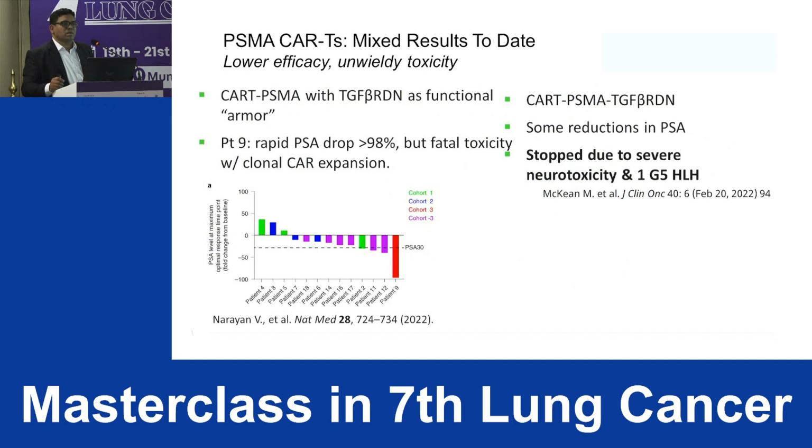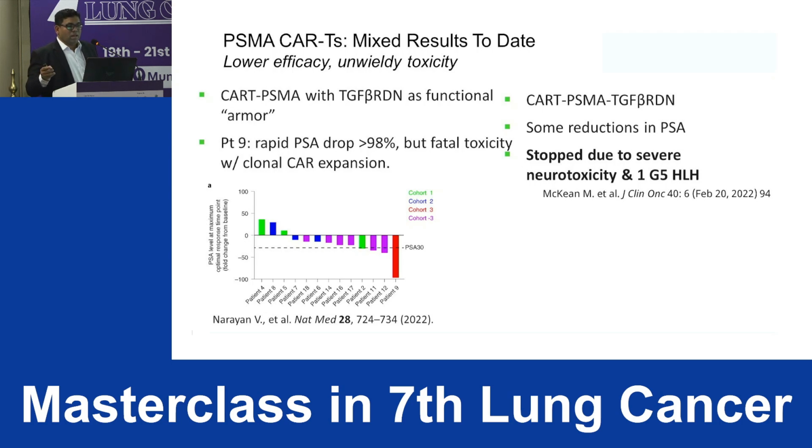This is something which was required even in the PSMA CAR. Now, PSMA expression is there in the brain, it's in the lung, and obviously it's in the prostate. It's seen in some patients with pancreatic cancers also. If you see, when the PSMA CAR initially came, there were dramatic PSA response rates of more than 98%.